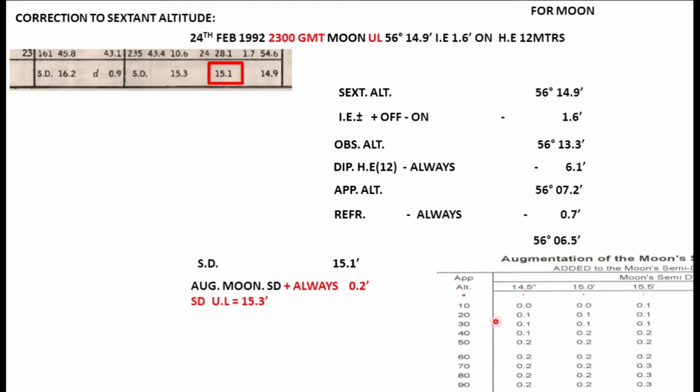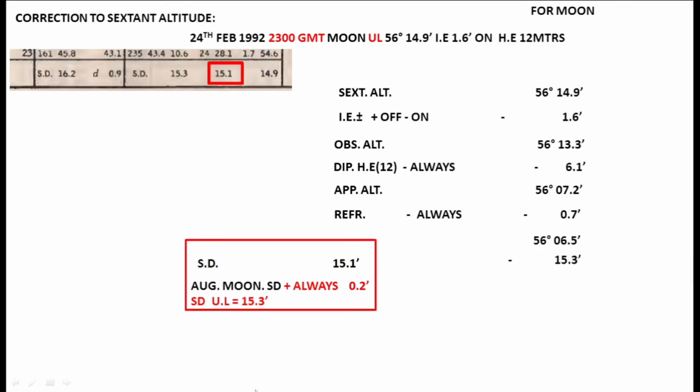My semi-diameter is 15.1, my apparent altitude is 56, augmentation 0.2, always to be added. So now my semi-diameter has become 15.3, and this is what I will apply as semi-diameter, being upper limb, subtracted.